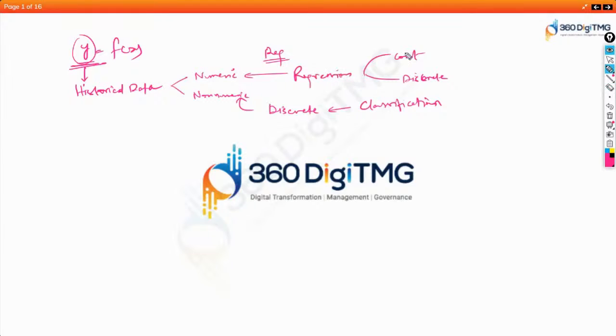And in the regression further, if your data is continuous, we'll apply linear regression. If it is discrete, then again, it has multiple options. Discrete, it could be binary, that is 2 categories, or greater than 2 categories, or it could be a count data.